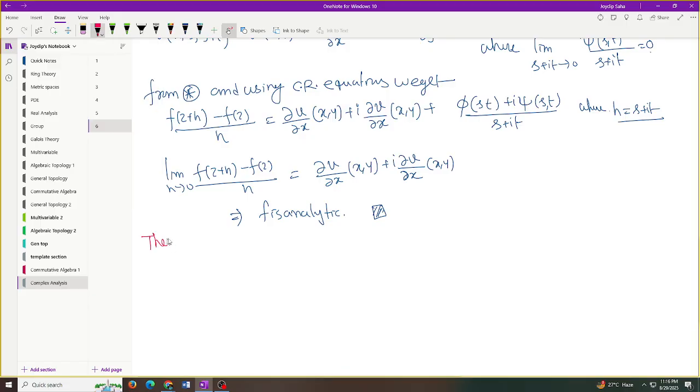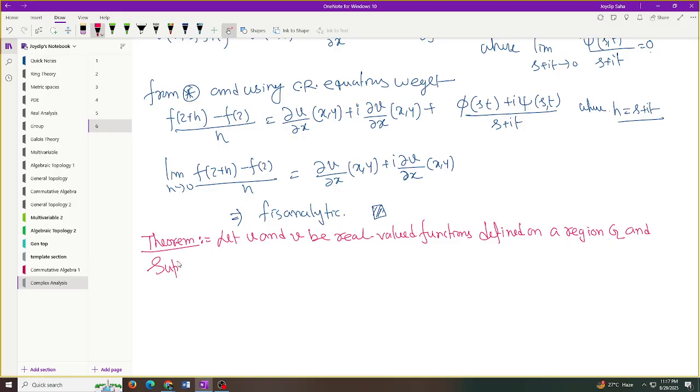So what we have done: let u and v be real valued functions defined on a region, and suppose that u and v have continuous partial derivatives.